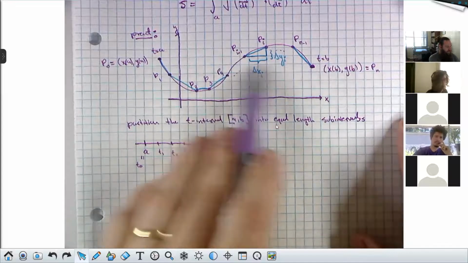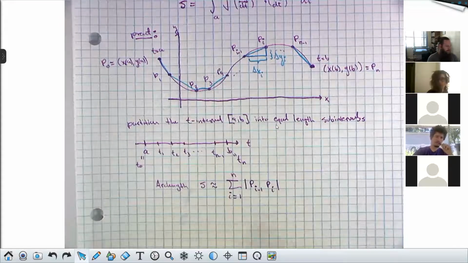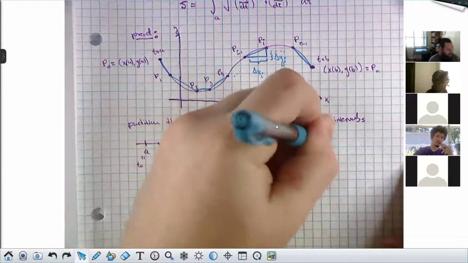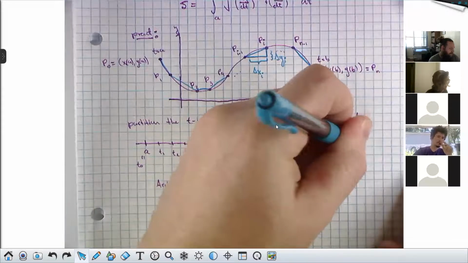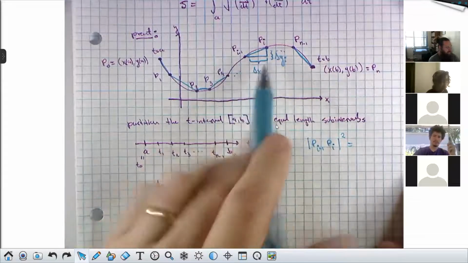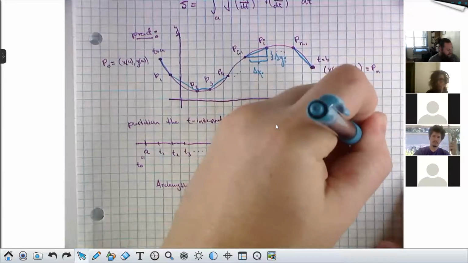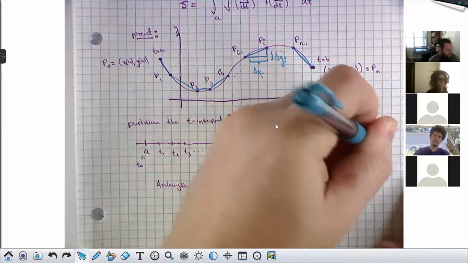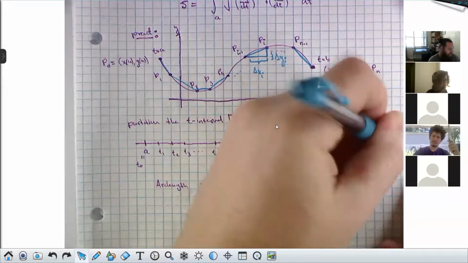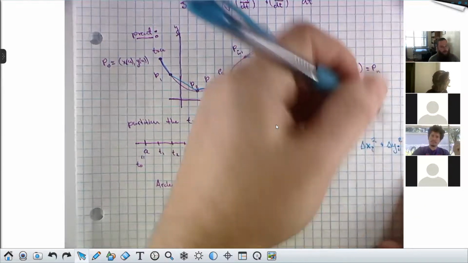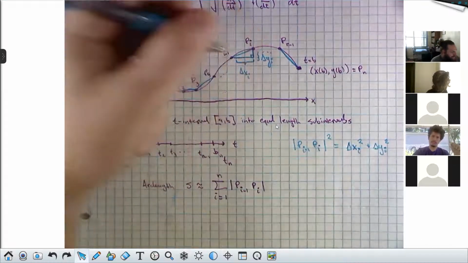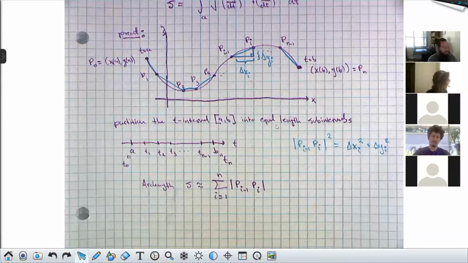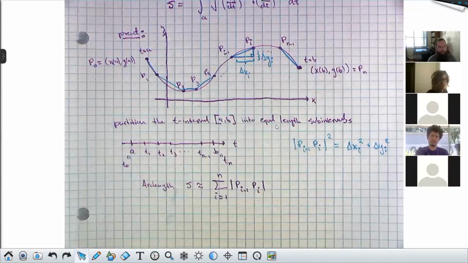And at my generic points here, we can see that the distance from Pi minus 1 to Pi, squared, is equal to delta xi squared plus delta yi squared. That is just the Pythagorean formula. A squared plus b squared equals c squared. This is a little right triangle. So this squared plus this squared equals this squared.